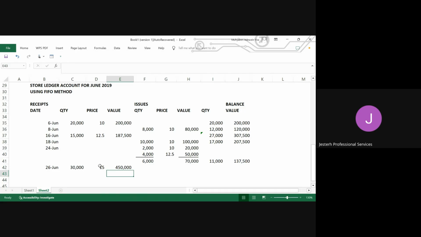This is the value of what they purchased on the 26th. Now we come to this place. What is the total quantity we have in store after they decide to have another 30,000 units? The whole stock is the 11,000 units plus the 30,000 that they just brought into the stock. It means if we check their store now.